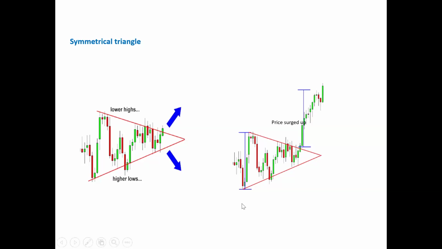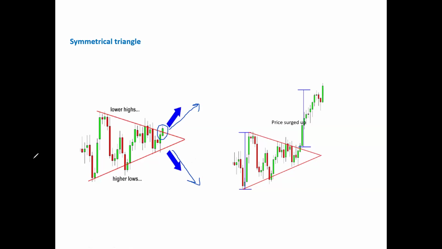Now, the unique thing about this symmetrical triangle is that whenever it forms, if price breaks out upward, then we are looking for an opportunity to buy. Once the breakout candle breaks out above the triangle, you can trigger a buy trade. The same thing if the breakout is downwards, you can trigger a sell trade.